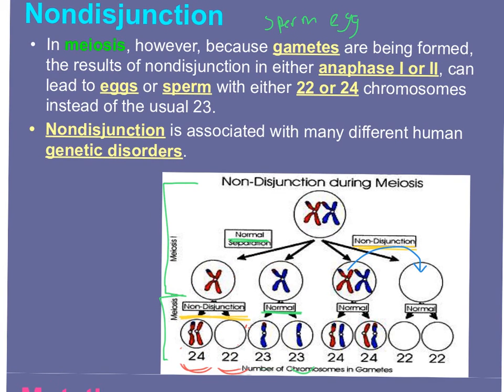And basically, non-disjunction is when you have an extra chromosome or you're missing a chromosome. And that all happens as a result of them not pulling apart properly during anaphase 1 or anaphase 2. And so we end up with an extra chromosome, so we have 24 instead of 23, or we're missing a chromosome, so we have 22 instead of 23.